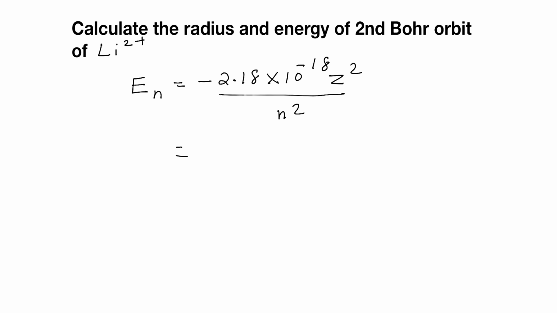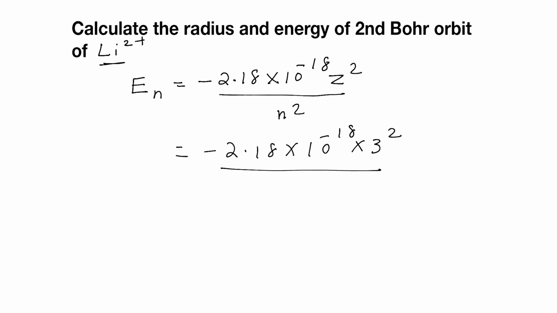We are dealing with lithium, so atomic number 3 square by n square. We are dealing with second orbit, so 2 raised to 2 is 4. On calculating, we will get minus 4.905 into 10 raised to minus 18.